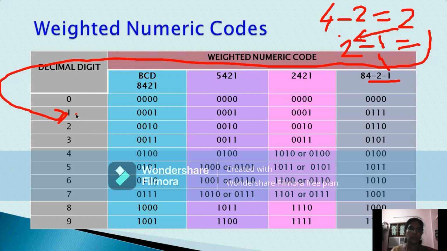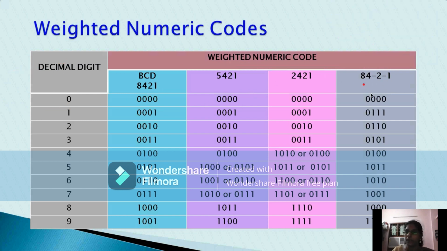Okay, ma, that is this 1 actually. So, to calculate the equivalent of this decimal 1 using 84 minus 2 minus 1, this 4 minus 2 produces 2, with that answer, 4 minus 2 equal to 2, 2 minus 1 equal to 1. That is why you got this 1 now.